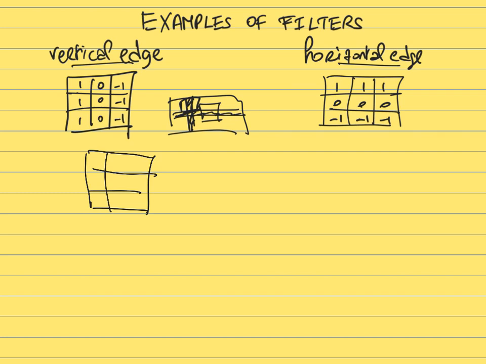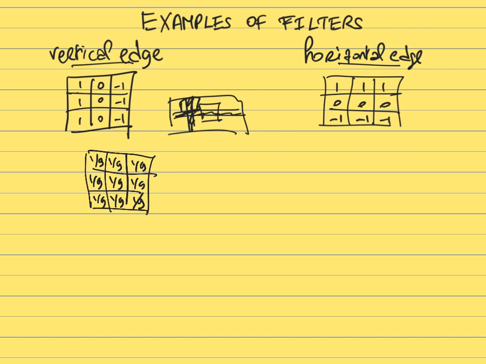So, for example, to illustrate this better, let's assume that this filter is not made of 1, but it's actually made of 1/9, 1/9, 1/9, 1/9, etc. So 1/9 in each of the values of this filter.